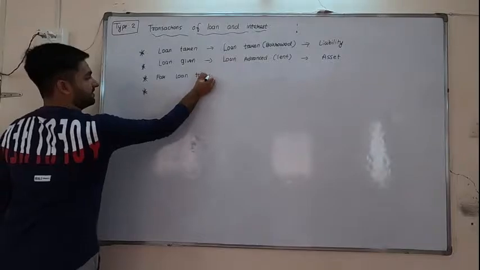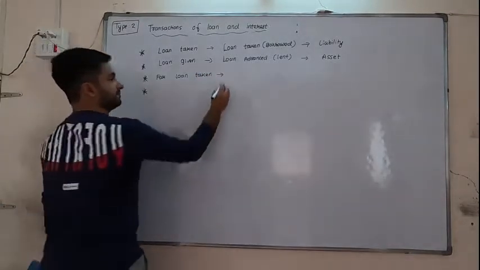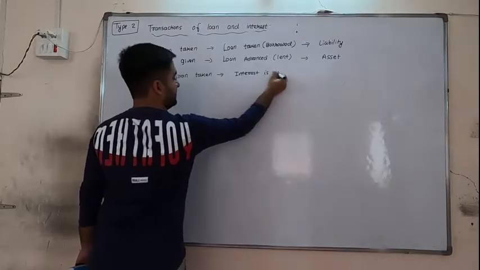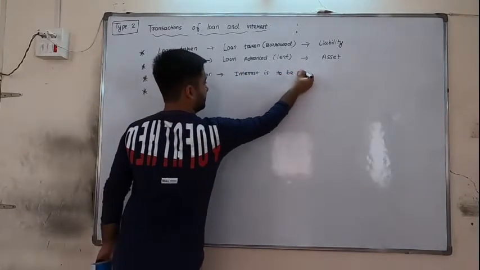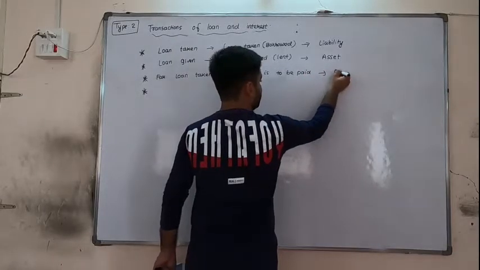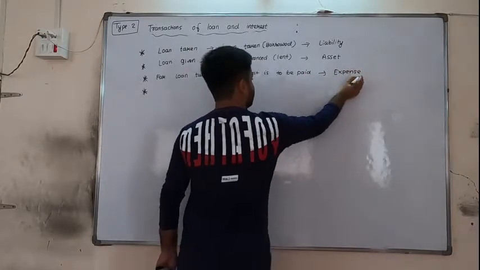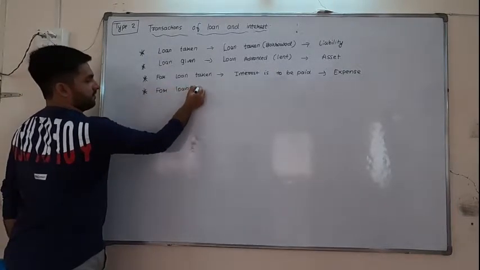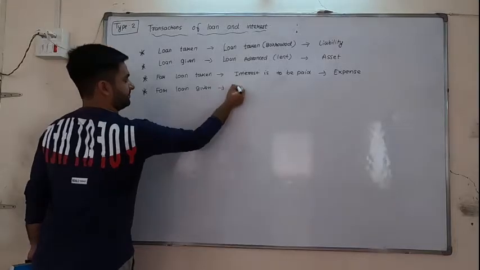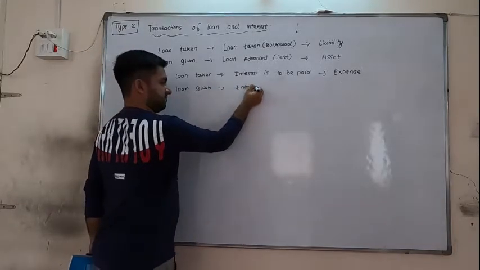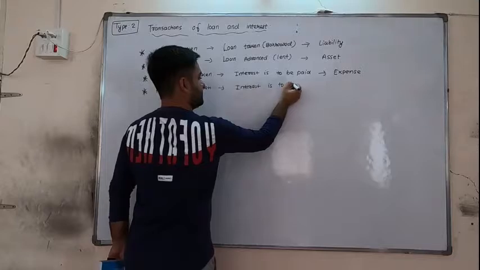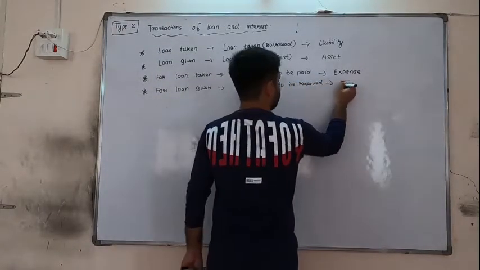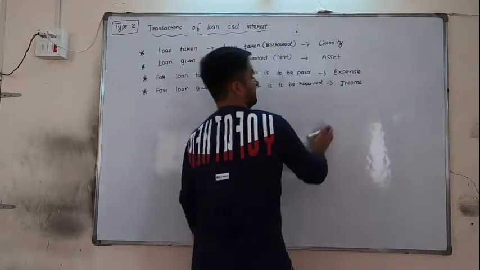For loan taken, interest is to be paid. Whenever we are paying such interest, that is our expense. In the same way, for loan given, interest is to be received, that is our income.